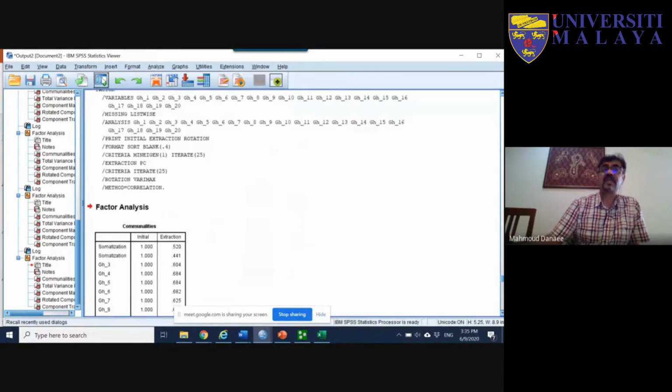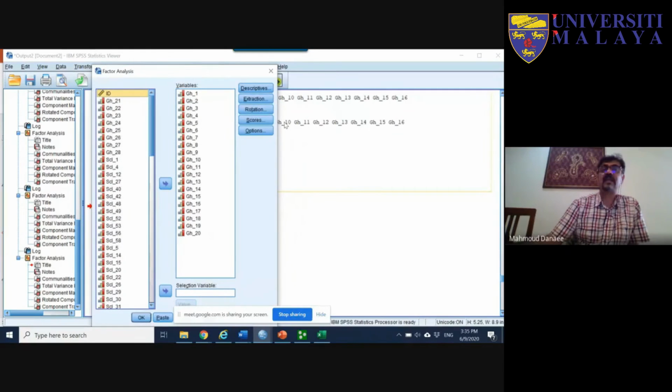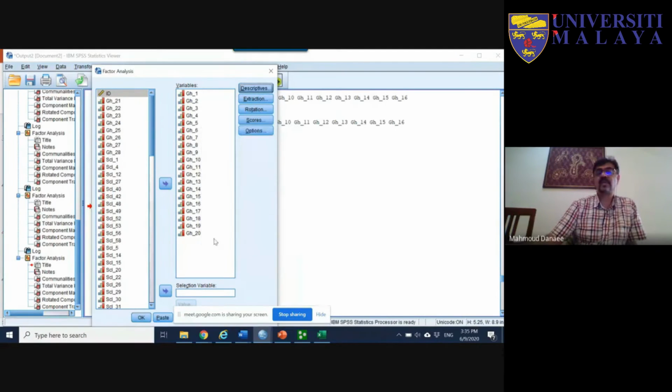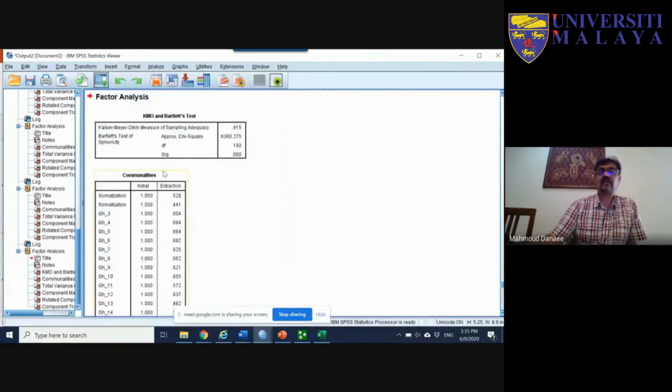One more thing I want to mention. Remember the test of the KMO and Bartlett's test of sphericity. These are assumptions of the factor analysis that must be met. Remember, the KMO sampling adequacy does not reflect the sample size. Unfortunately, some people misinterpret KMO sampling adequacy as the sample size.